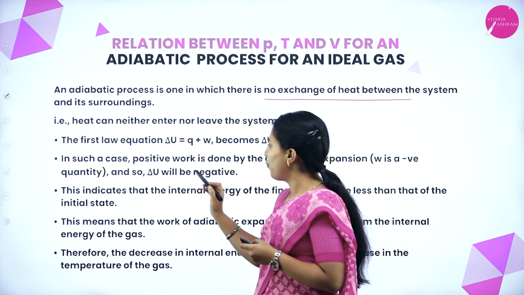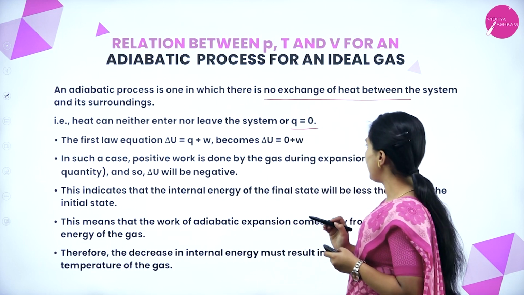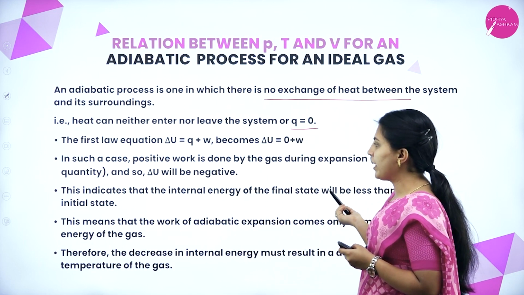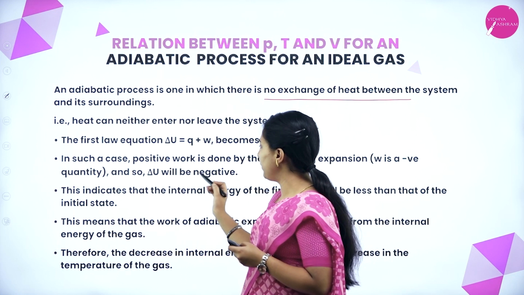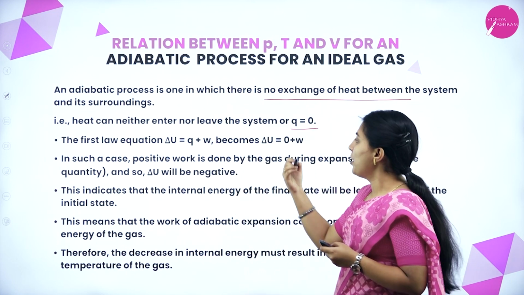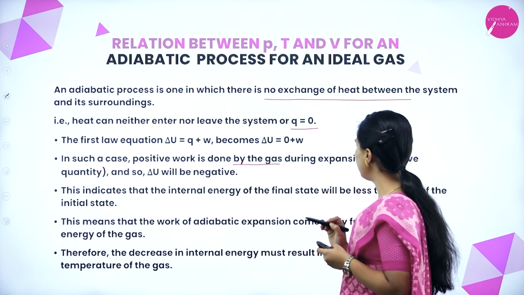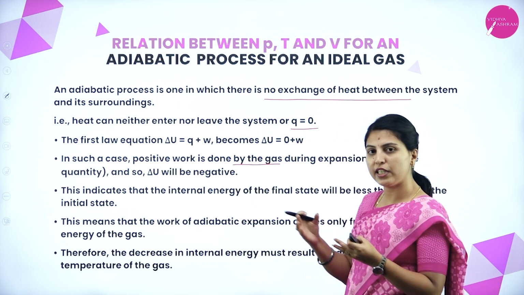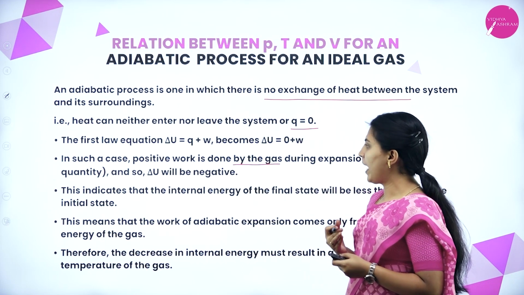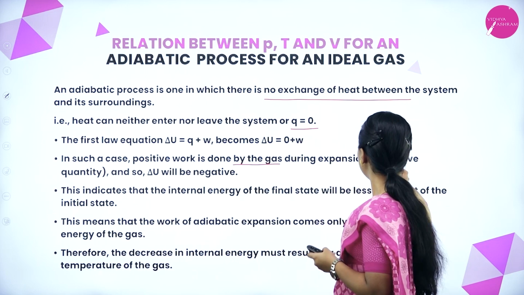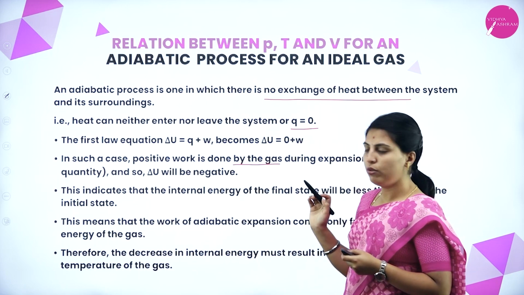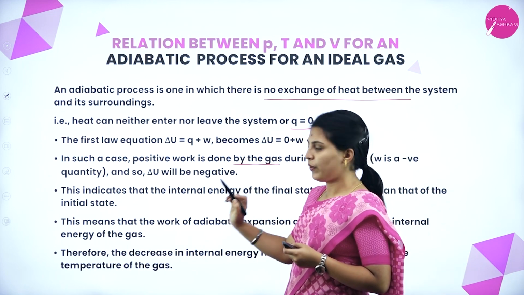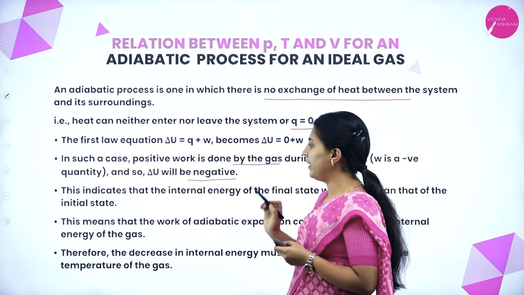In such a case, positive work is done by the gas during expansion, and so delta U will be negative, because the system is expanding, so work is done by the system and the internal energy will be negative.